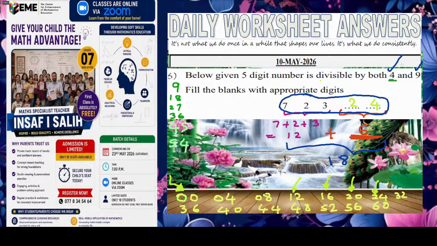Right, do we have any other options? Other than writing 2 and 4, any other options? Right, let's check. So this is one correct answer. Let's check for other correct answers.